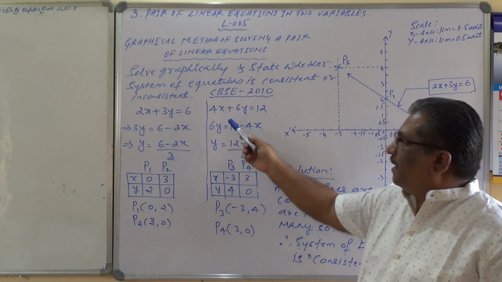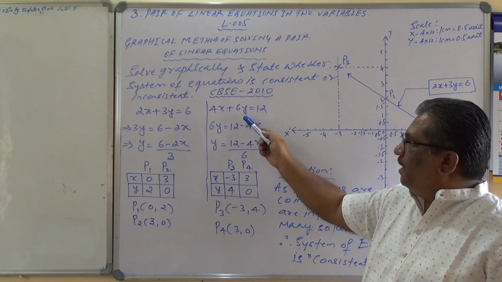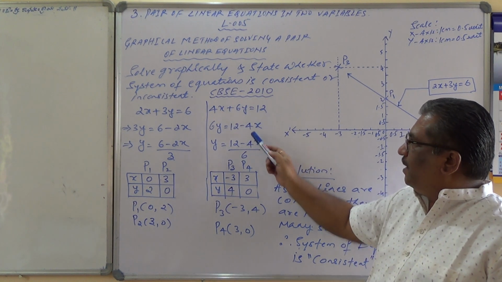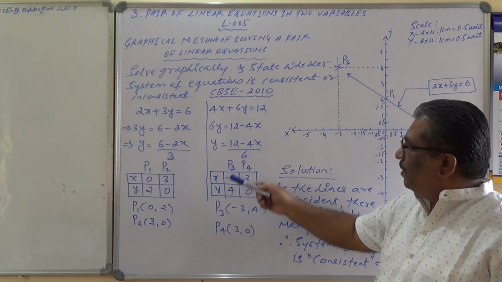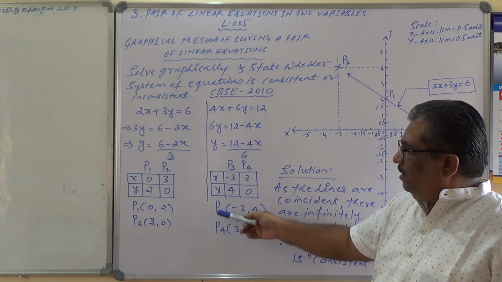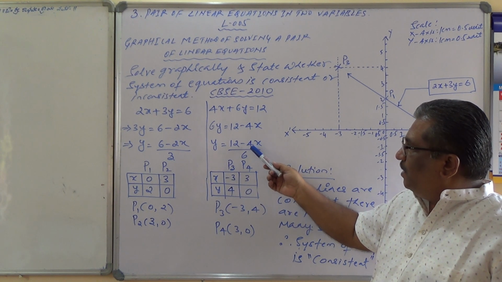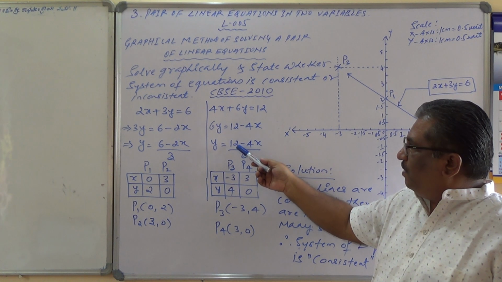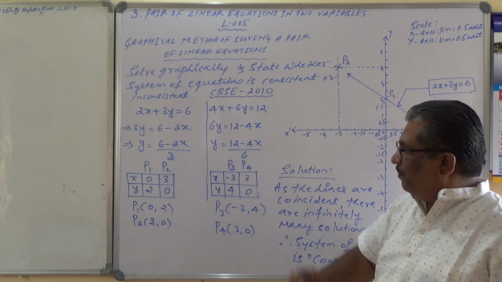Similarly, for the second equation 4x plus 6y equals 12, express 6y in terms of x: 12 minus 4x, y equals (12 minus 4x) by 6, and prepare the truth table. Let me take the value of x as minus 3 here. Minus 3 into 4 is minus 12, minus of minus 12 is plus 12, 12 plus 12, 24, 24 by 6 is 4.